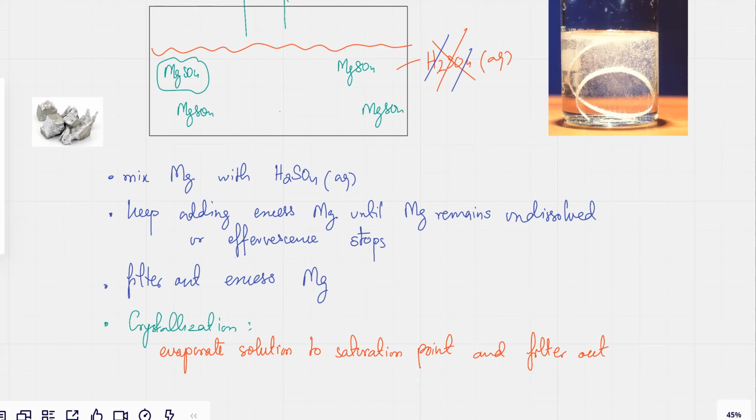Rather, before that, you have to cool gradually. Before this, evaporate to saturation point. Cool things gradually. And when crystals are formed, you filter them out.